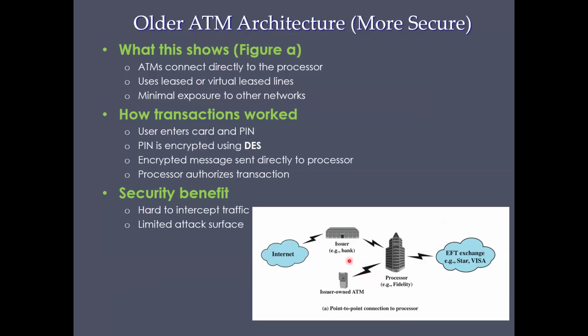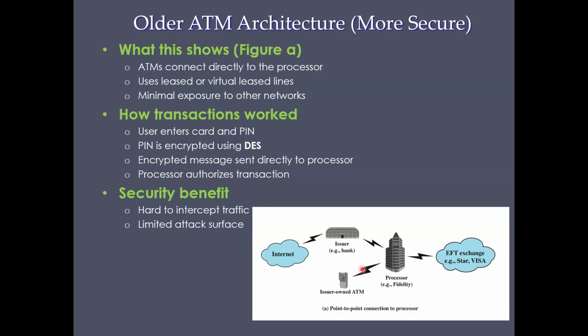There is no ISP. Even if there's an ISP in the middle, they are really just there to provide that service, but they don't have any access to the information that is being sent. That's why it's a point-to-point connection to the processor. So there is really nothing being interfered with between the processor and the issuer. Okay, so it is point-to-point.